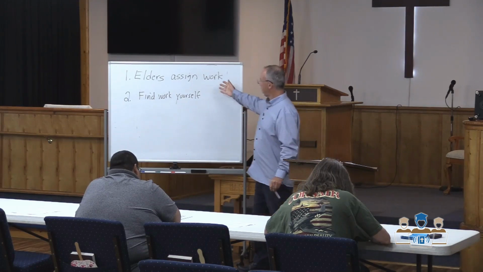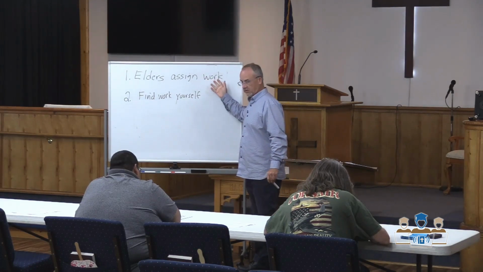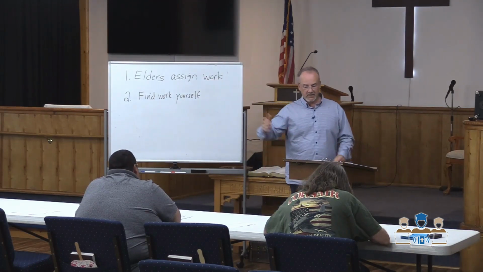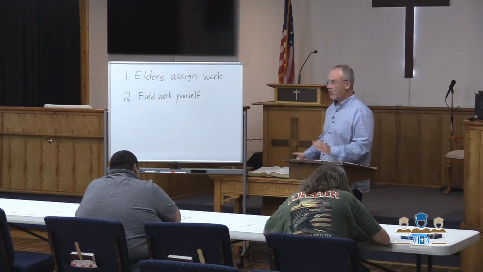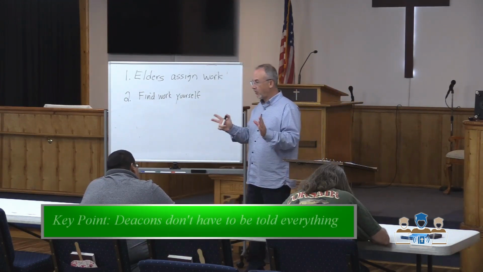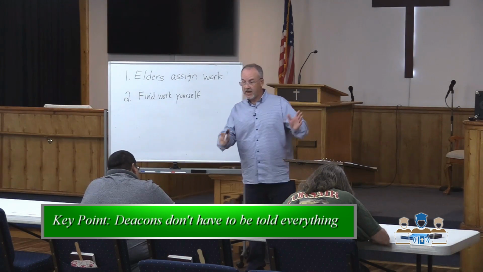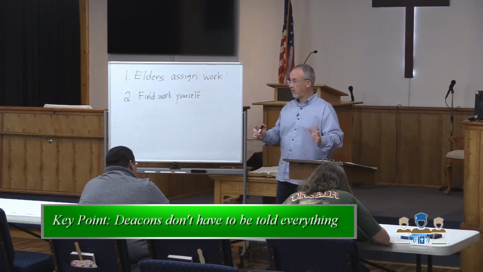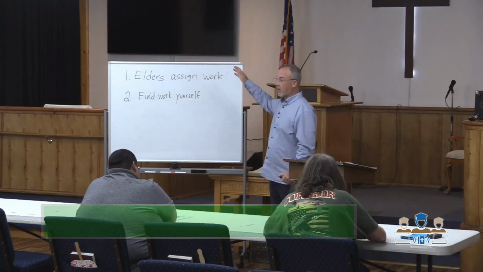So we've got the elders looking out for work for us, and we're looking at the elders to make sure that we're helping them. But this basically says you don't have to be told what to do by the elders. You have the model in the Scripture, you see? You've got the elders. That's why we went through all of their work.